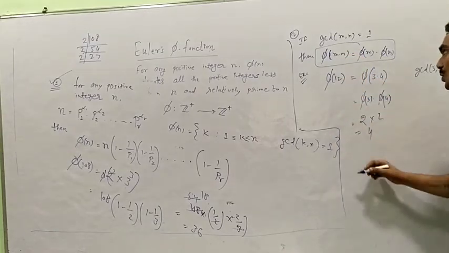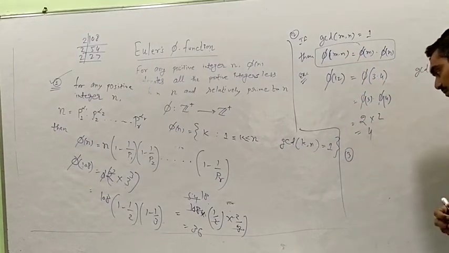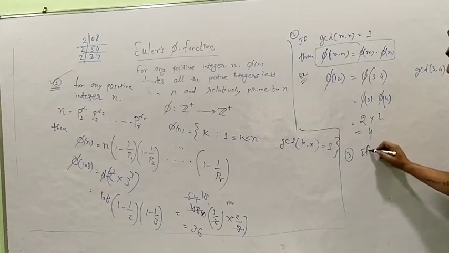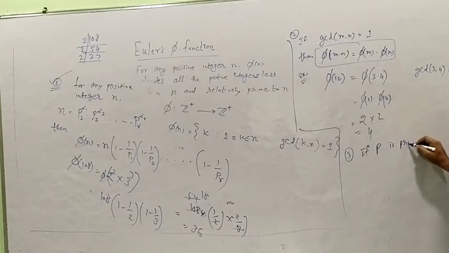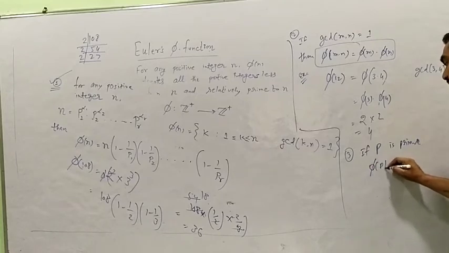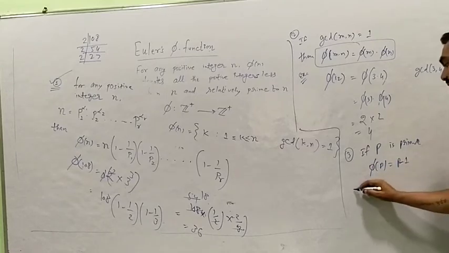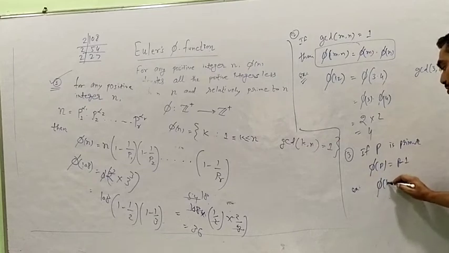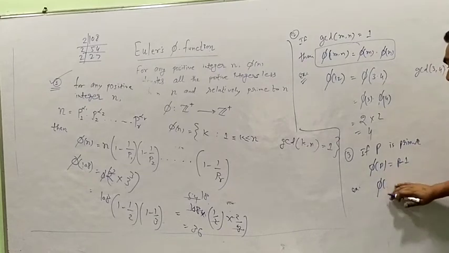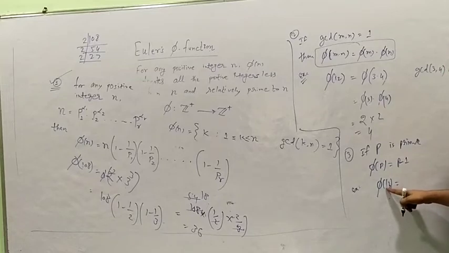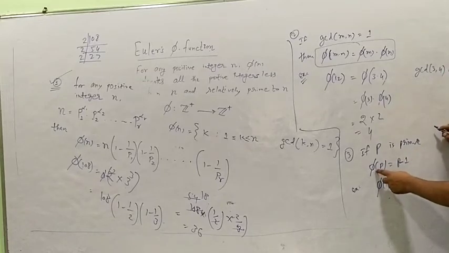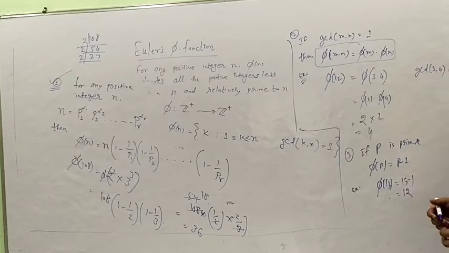Let us see another property. Suppose P is a prime number, then phi P is equal to P minus 1. Example, suppose we have to find phi 13, and 13 is a prime number, so the formula is phi P equals P minus 1, that is 13 minus 1, that is 12. This is a very important formula.